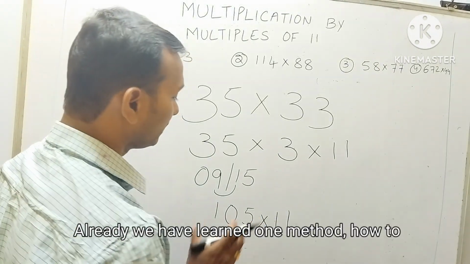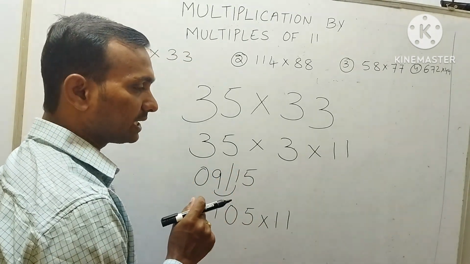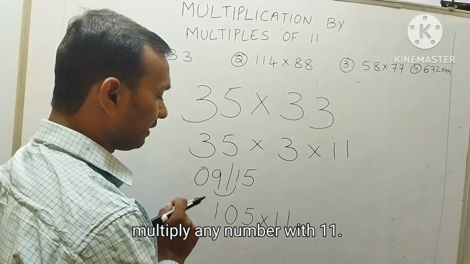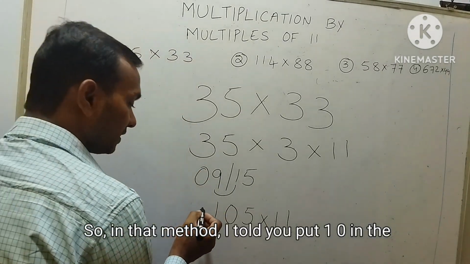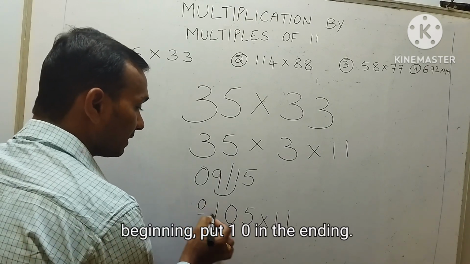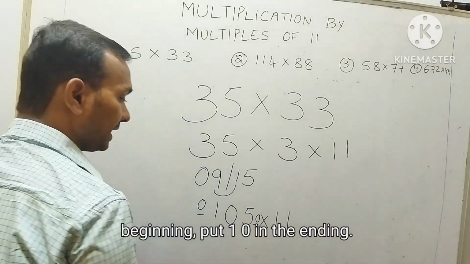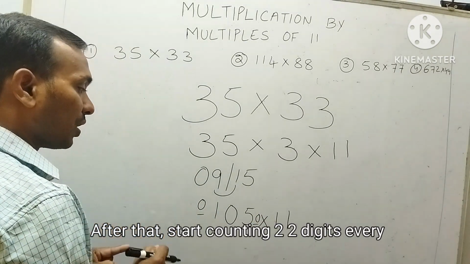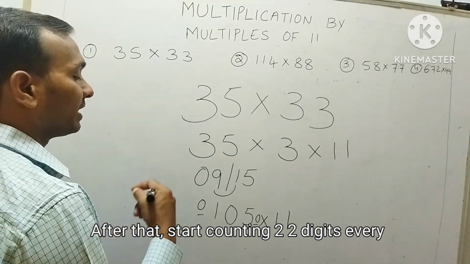Already we have learned one method how to multiply any number with 11. In that method, I told you put 0 in the beginning, put 0 in the ending. After that, start counting 2 digits every time.